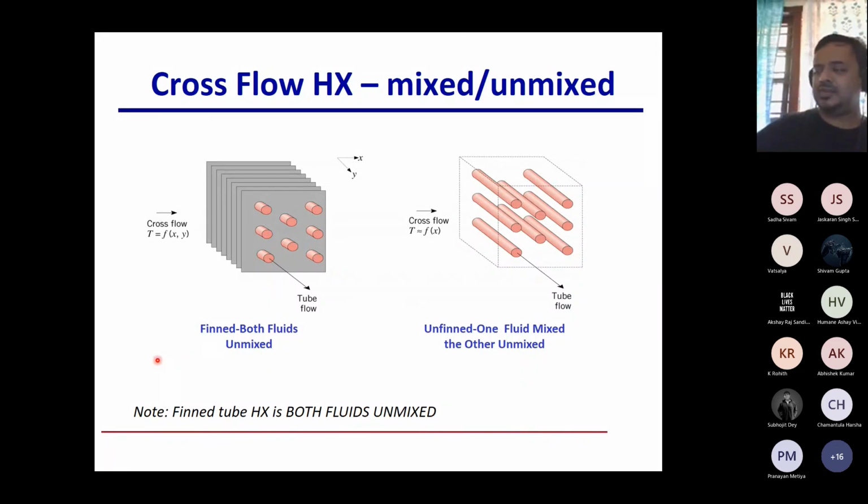So what you see on the left hand side, the fluid flowing through the tubes is unmixed, and the flow through these parallel fin passages is also unmixed, because the air flowing through the first passage doesn't interact with that in the second passage and so on. However, if it's just a shell and no fins, then the second fluid flowing through the shell is mixed. I'm just looking at this picture, and there's not much to explain here.